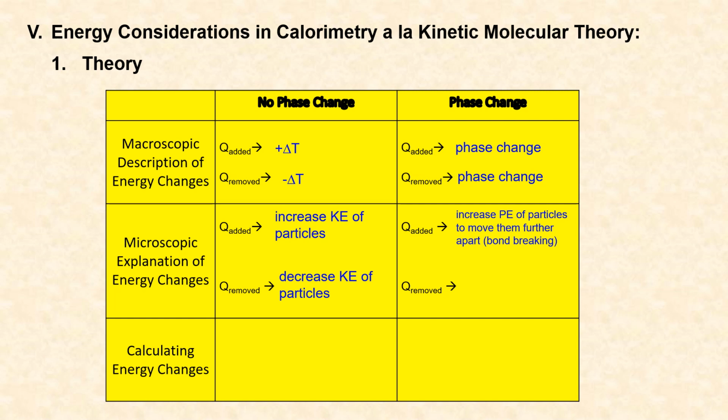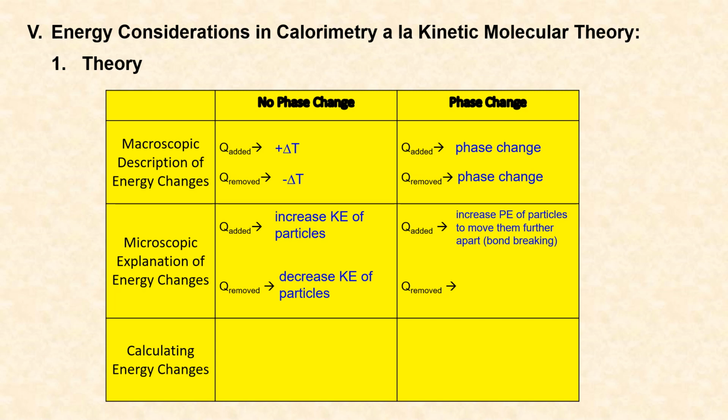What that suggests is that we're adding energy to our object, yet there is no change in temperature, which means there is no increase in the kinetic energy of the particles. But conservation of energy tells us that if not kinetic energy, it's the potential energy of the particles that is increasing in this case. Okay, we have to basically move those particles further apart. Sometimes we think of that as the process of bond breaking.